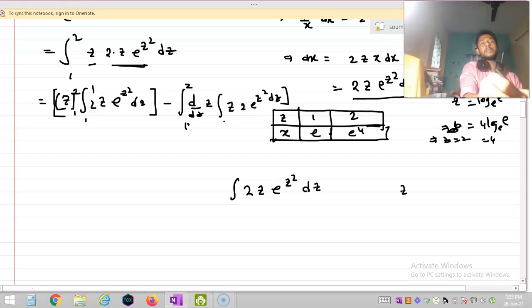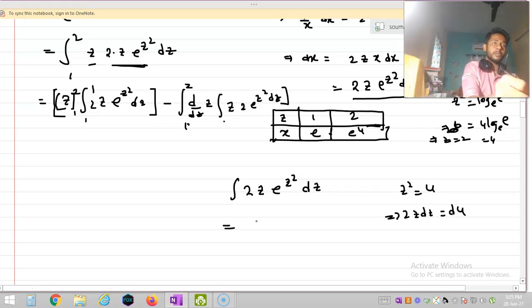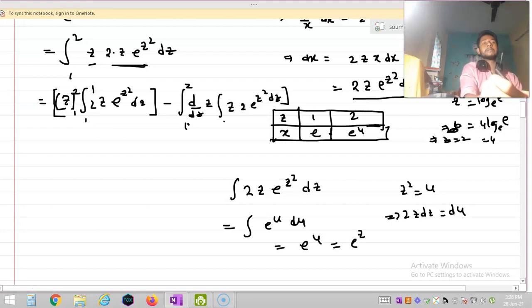If you put z square is equal to u, you will get 2z dz is equal to du. So I am putting du in place of 2z dz and u in place of z square. So this is nothing but e to the power u du, and the value of this integration is e to the power u, which is equal to e to the power z square.